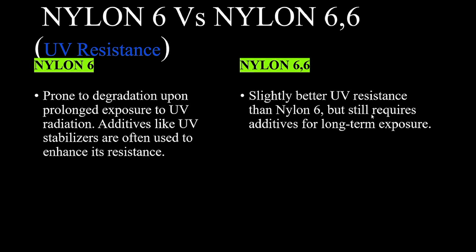So it has almost similar behavior with respect to base resistance and UV resistance for nylon 6 and nylon 6,6. There is no major difference, but we can say that nylon 6,6 has slightly better UV resistance and better base resistance.